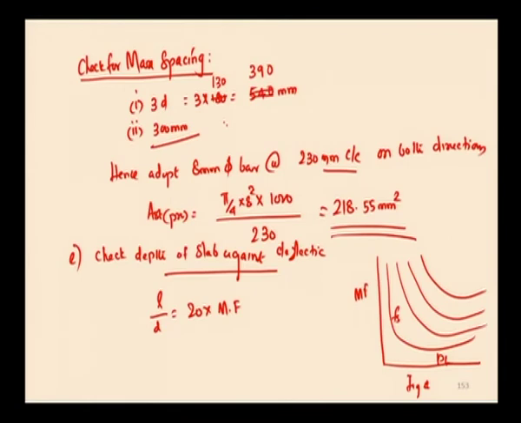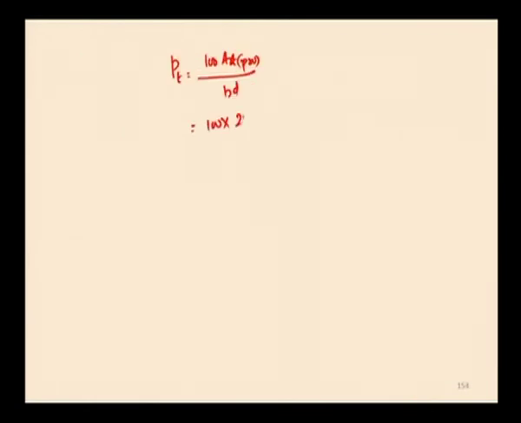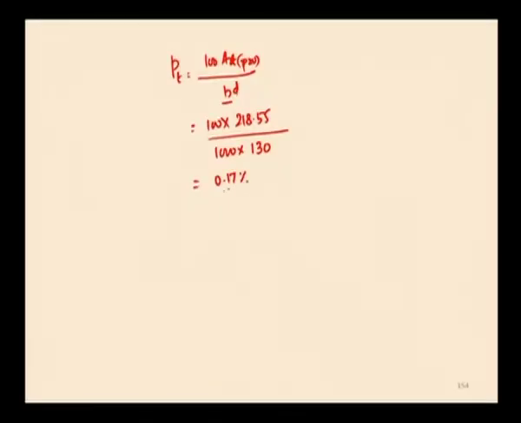To find the percentage tension reinforcement, that is 100 into Ast provided divided by b into d, here it is 218.55 divided by, considering 1 meter width of the slab and the effective depth of the slab as 130, that is equal to 0.17 percentage.